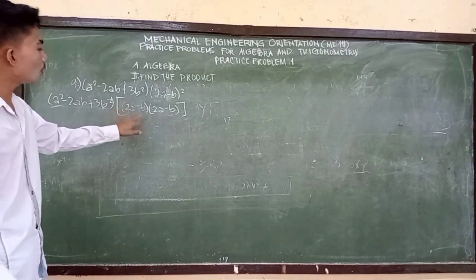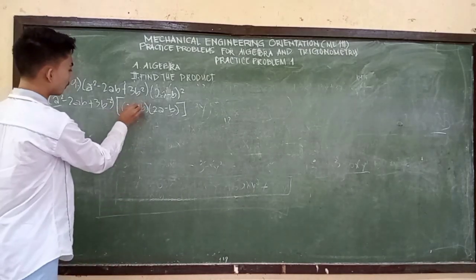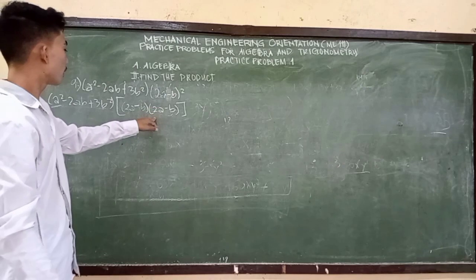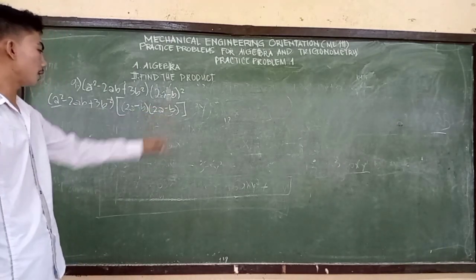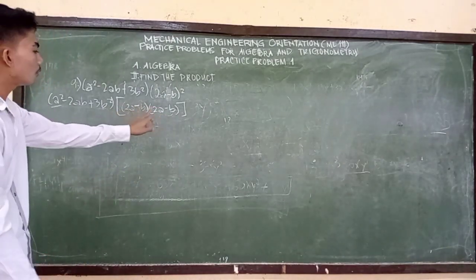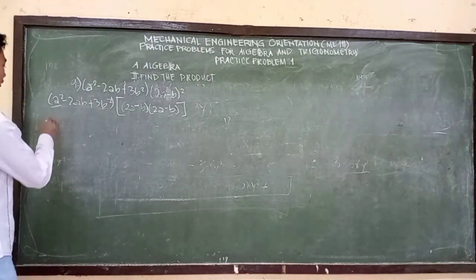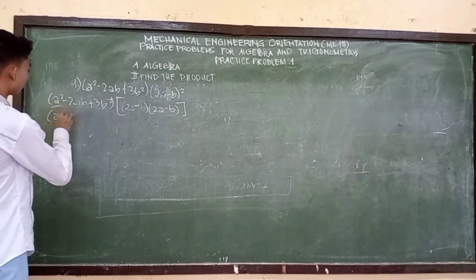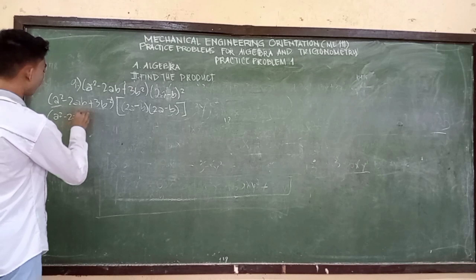We will distribute 2a with 2a minus b and negative b with 2a minus b. Copy this.